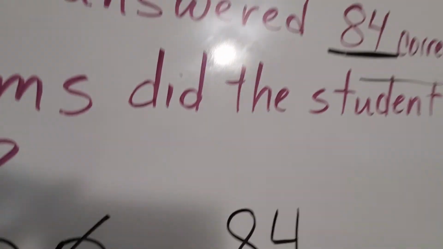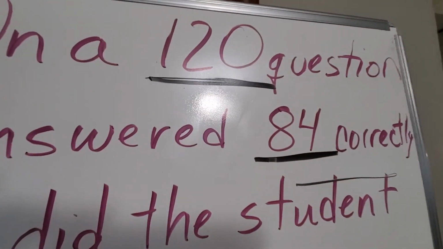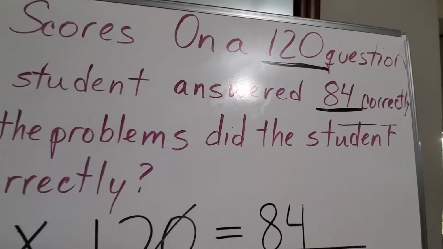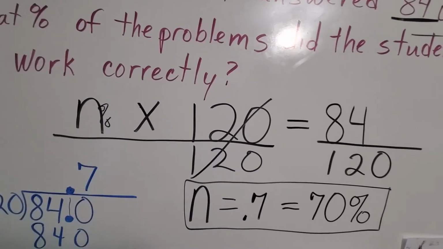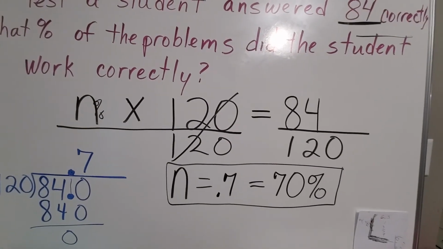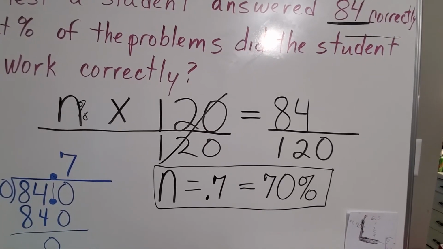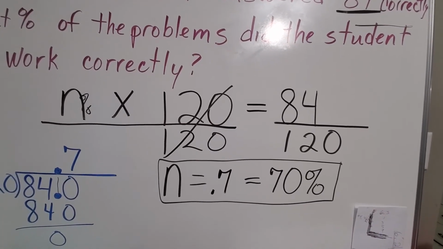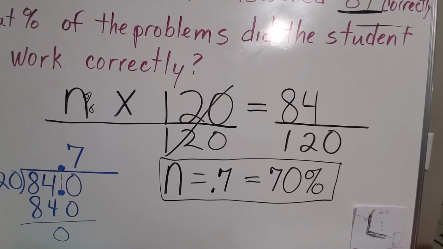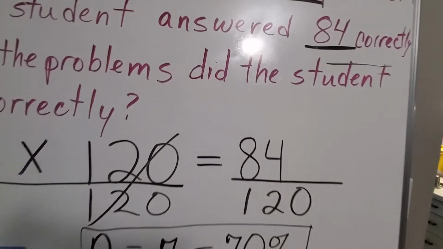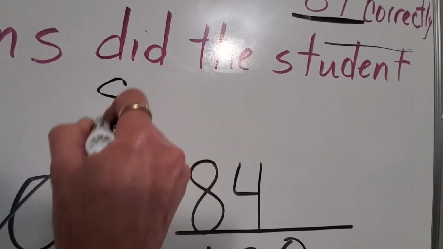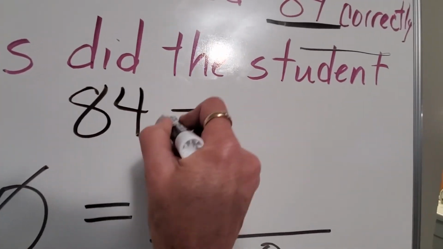70% is the number of questions answered correctly. So we could say 70% times 120 is 84, or 84 is 70% of 120, and you might have written that.